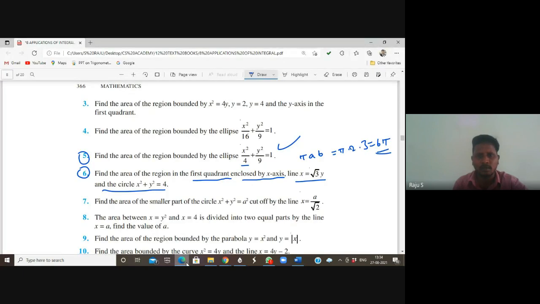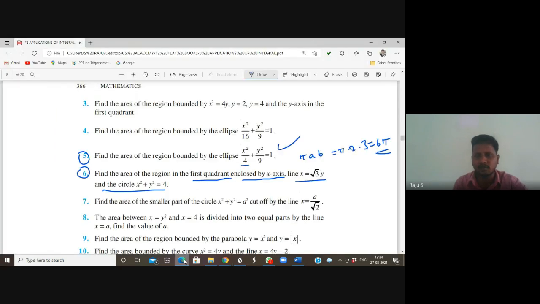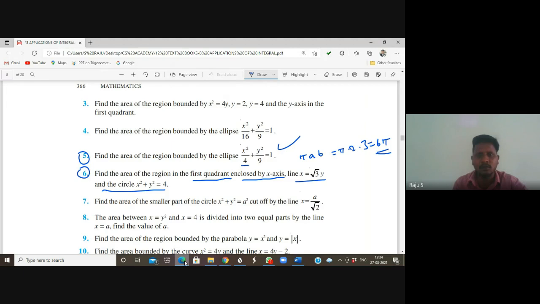What is the equation of circle? X square plus y square is equal to 4. The equation of line is x is equal to root 3 into y, and with the x-axis.